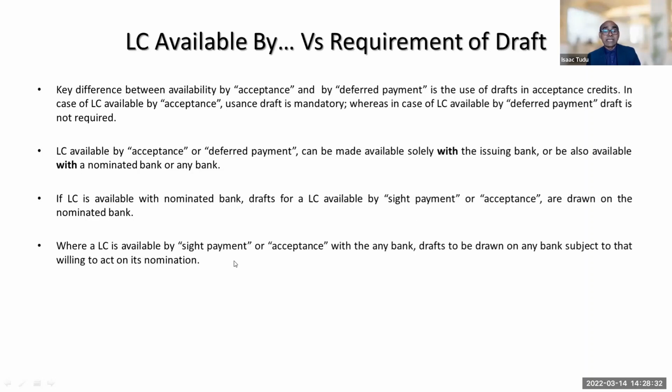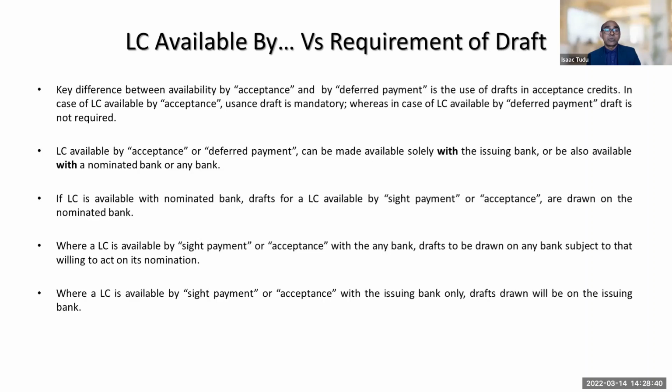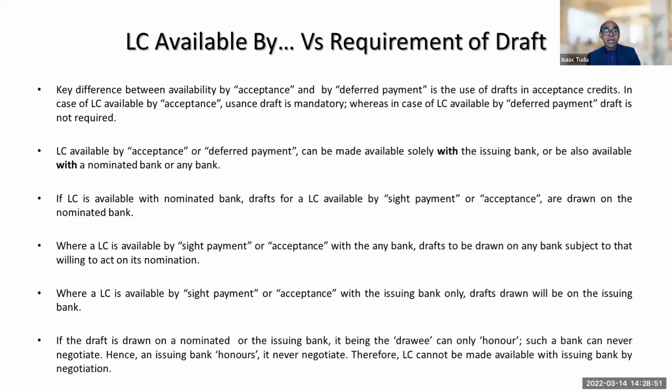Where a LC is available by sight payment or acceptance with any bank, drafts are to be drawn on any bank, subject to that bank being willing to act on its nomination. Where a LC is available by sight payment or acceptance with the issuing bank only, drafts will be drawn on the issuing bank. If the draft is drawn on a nominated bank or issuing bank, it, being the drawee, can only honor.